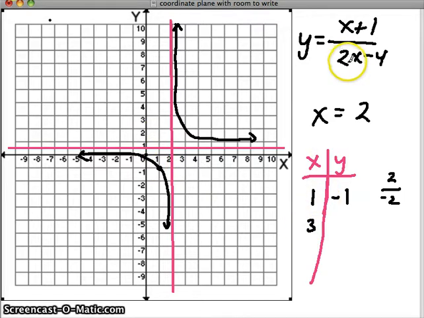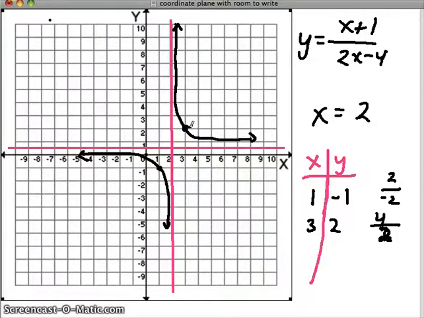If I input 3, that gives me 2 times 3 is 6. 6 minus 4 is 2. And then up top I have 3 plus 1, that's 4. And 4 divided by 2 is 2. So at 3, 2 is the point on my other graph. So you got a pretty good approximation there.